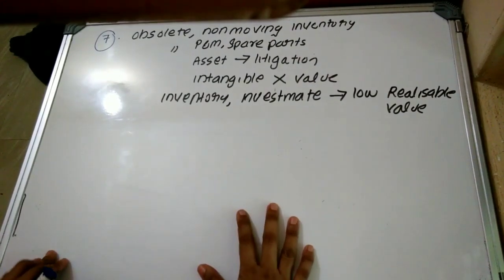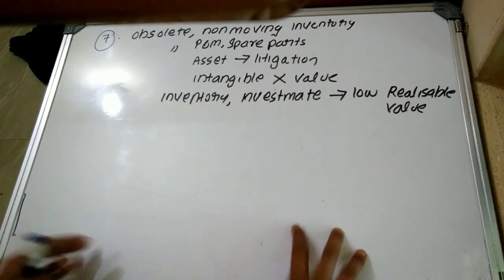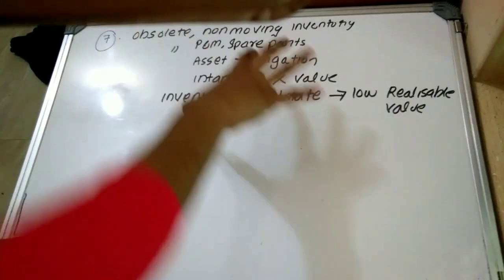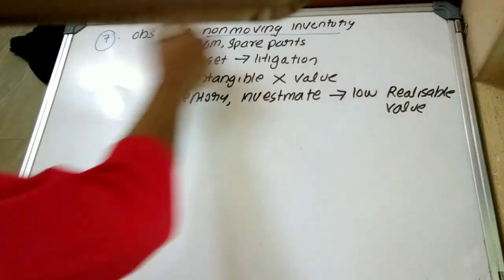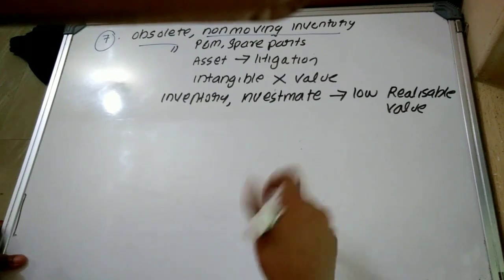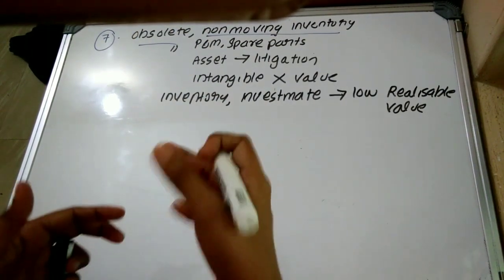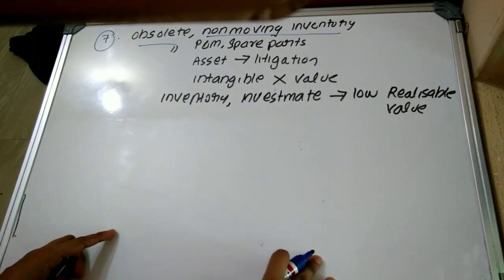Then the next responsibility of the investigating accountant is to determine whether there is an overvalued asset. So the investigating accountant should focus on the following aspects. First of all, obsolete and non-moving inventory. Whether there is obsolete or non-moving inventory. This gives an indication, or because of that there exists a chance of overvaluation of inventory.